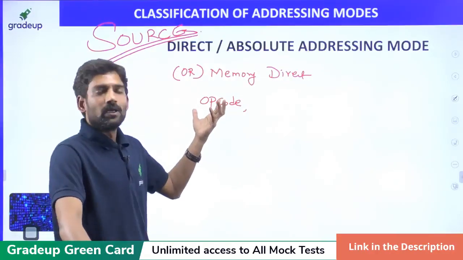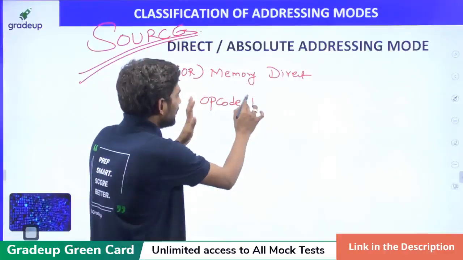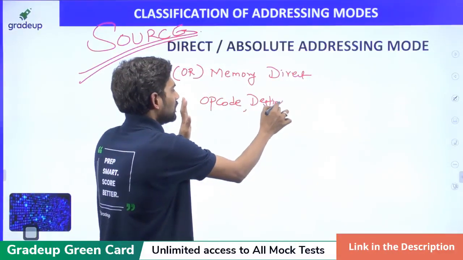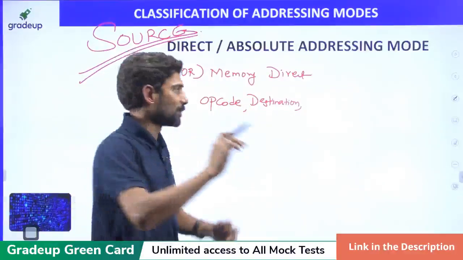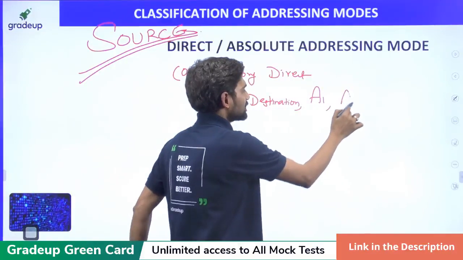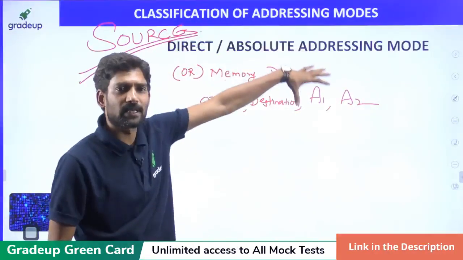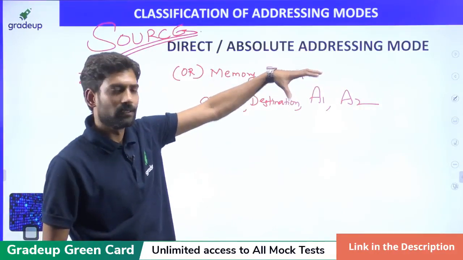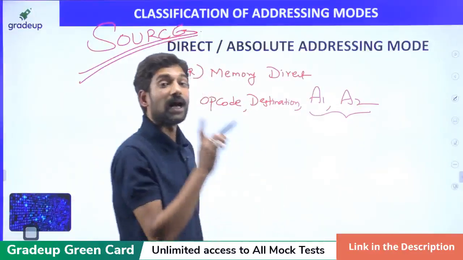Okay. So, opcode followed by destination. Destination is least bothered for us. Now, source operands should be addresses. For the direct or absolute addressing mode, what should be the source operands? Addresses.